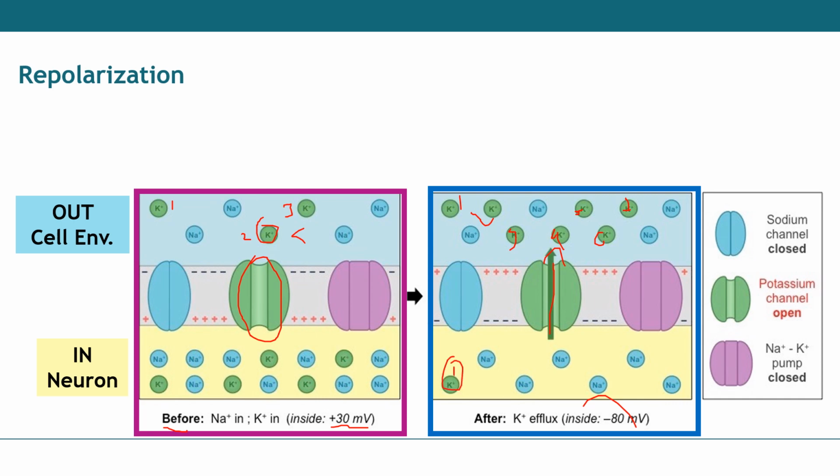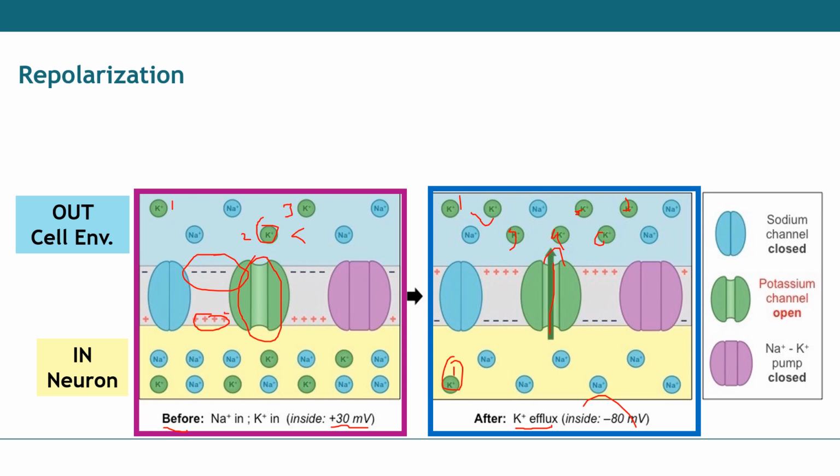Again, this is just a diagram, but the idea is very clear. After the process of repolarization, you have a potassium efflux. If you remember, it was negative before, and here inside it was positive, and what we're going to do is try to repolarize, to give it the right polarity.